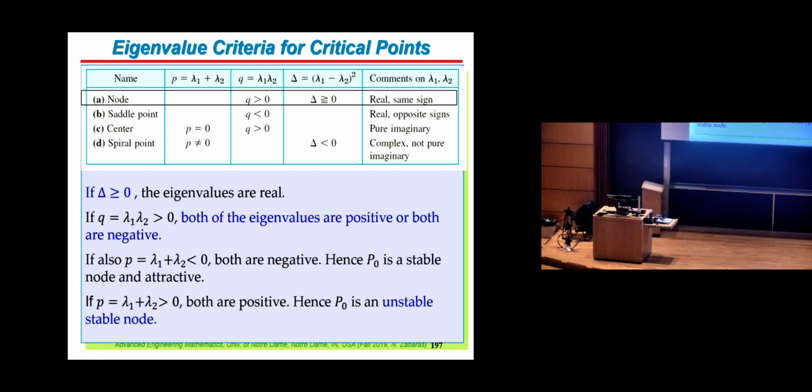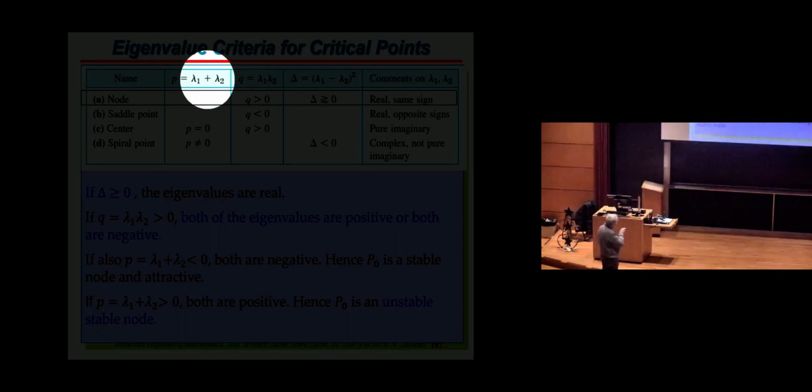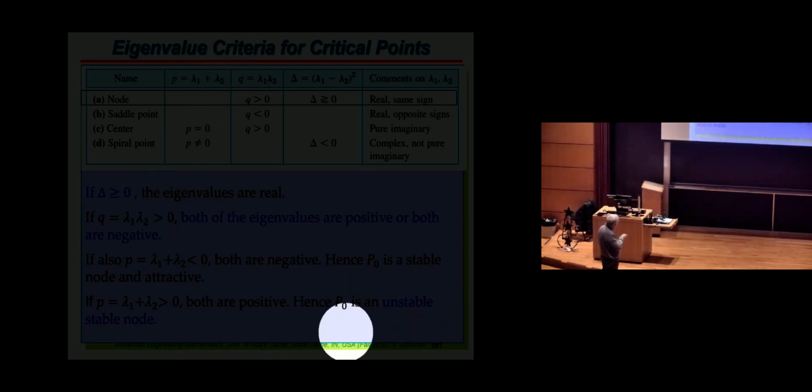So if they're both positive, what type of situation do we have? It's certainly unstable, and it is what we call a node, okay? And if they are both negative, then we have a node that is asymptotically stable, okay?